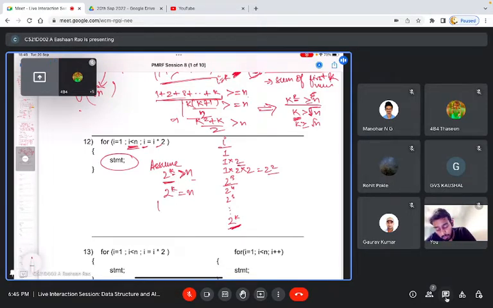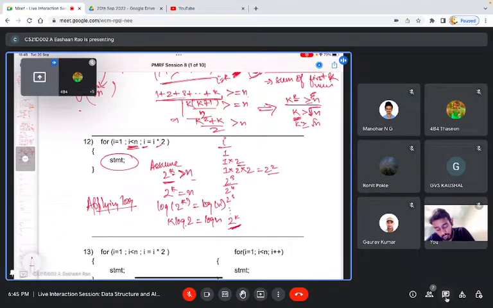So if you apply log on both sides, 2 raised to k and n, then we will see that it's k log 2 and log n.